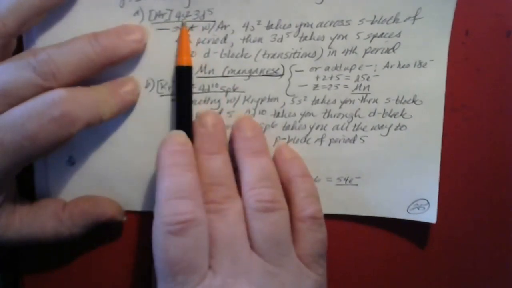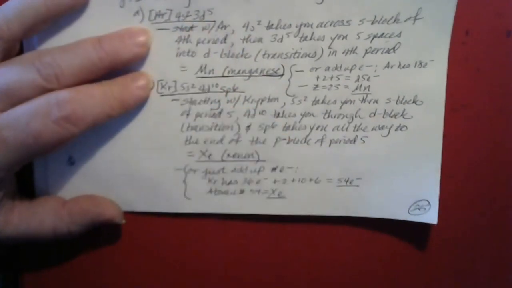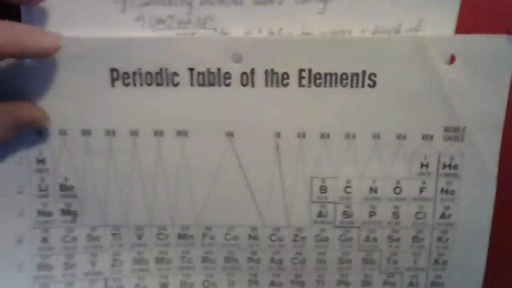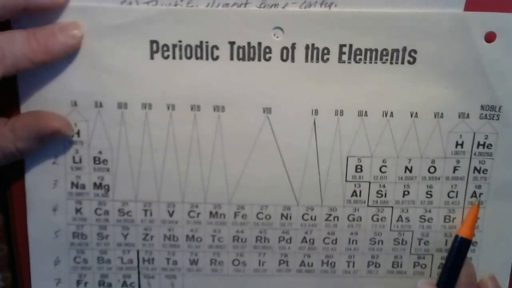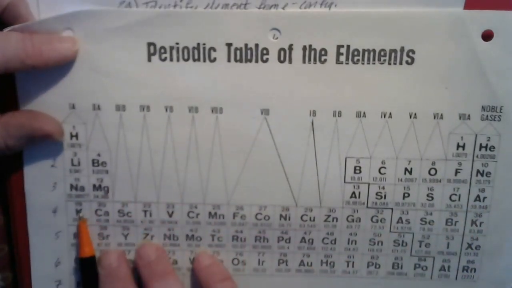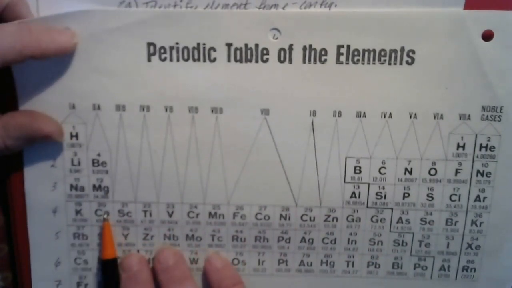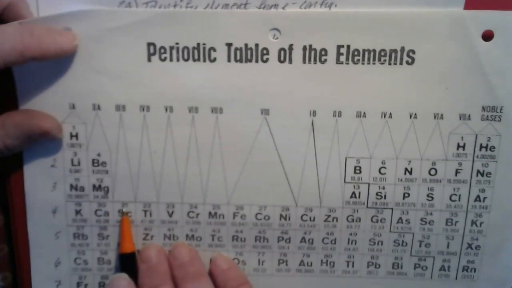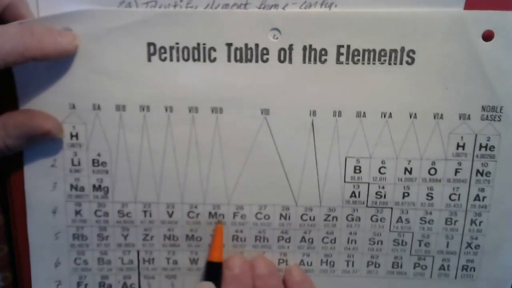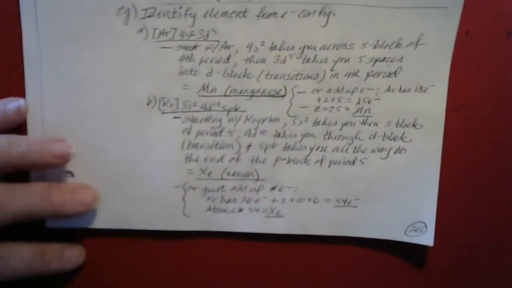So if we have an element with the configuration argon 4s2 3d5, you can look at the periodic table and say, okay, here's argon. In addition to argon, we have 4s2, which would be these two right here. And then 3d5 would take you 5 spaces into the D block: 1, 2, 3, 4, 5. So it's manganese.